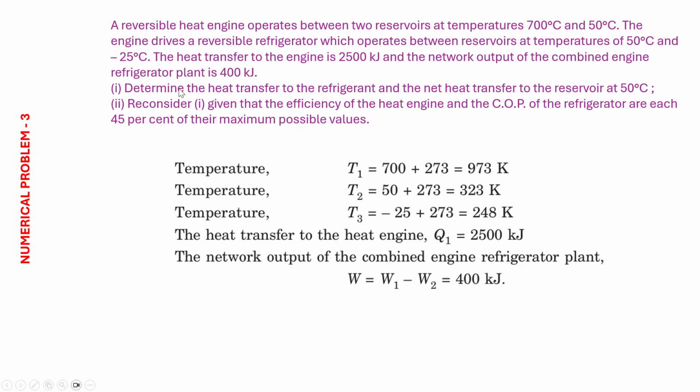Now, based on the given data, at first we are to determine the heat transfer to the refrigerant and the net heat transfer to the reservoir at 50 degrees Celsius, by reconsidering point 1, given that the efficiency of the heat engine and the COP of the refrigerator are 45% of their maximum possible value, right?